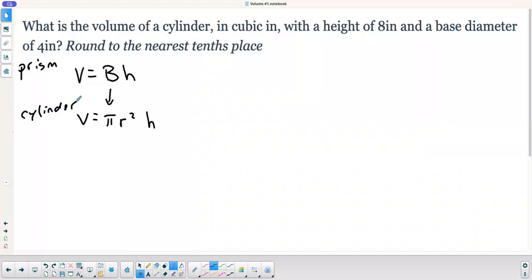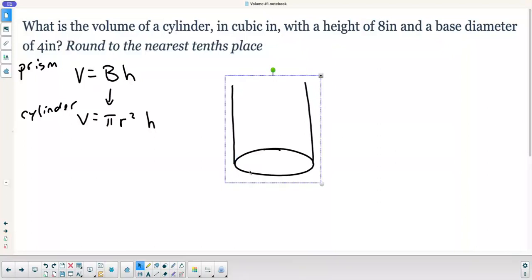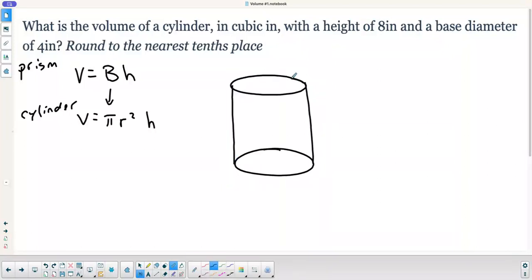So what's the volume of a cylinder in cubic inches with a height of 10 inches and a base diameter of 4 inches? So here's the bottom of my cylinder. Here's the top. So if the diameter is 4, that means my radius is 2 and my height is 8.